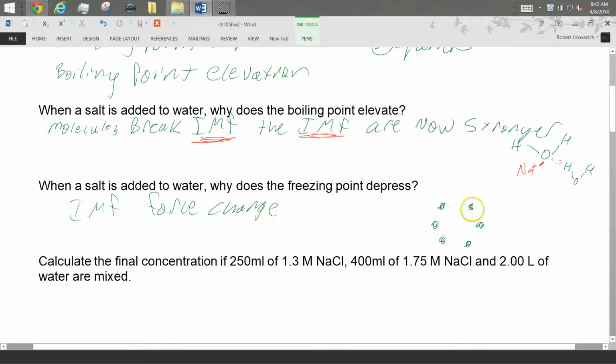You get this attraction force between these water molecules, which is an intermolecular force, because there's a partial positive and a partial negative. That's why they're attracted to each other. And if I drop a sodium ion in the middle here, what are all the oxygens going to do now?